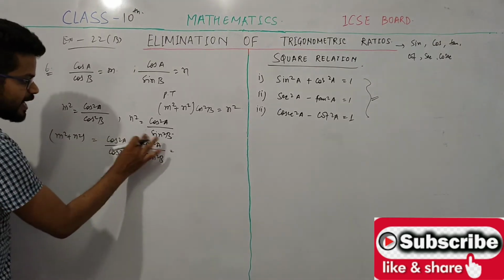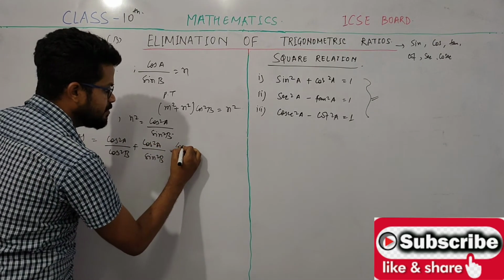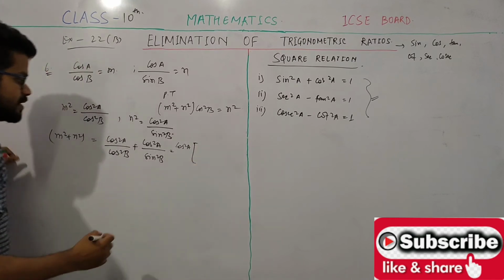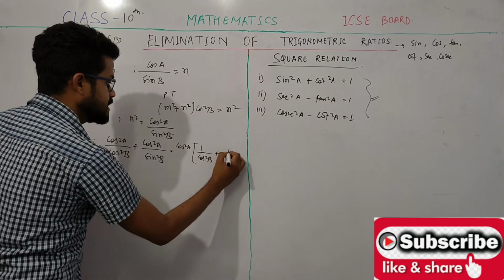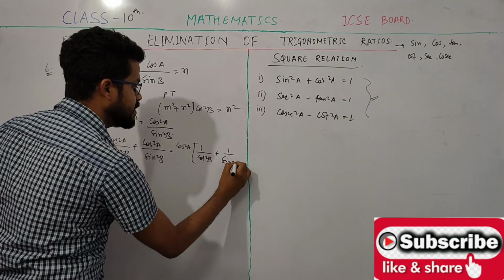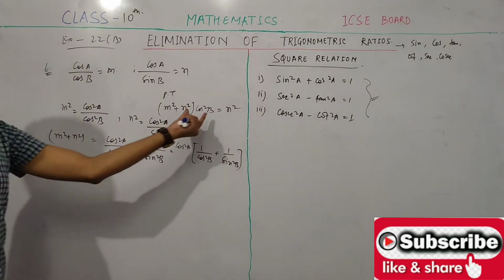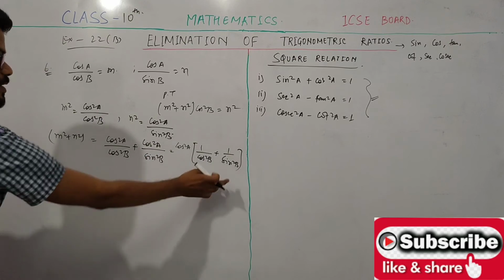Firstly we have to take cos square a common. So if I take cos square a common, here this is 1 by cos square b plus 1 by sin square b. Now we have to multiply this by cos square b.